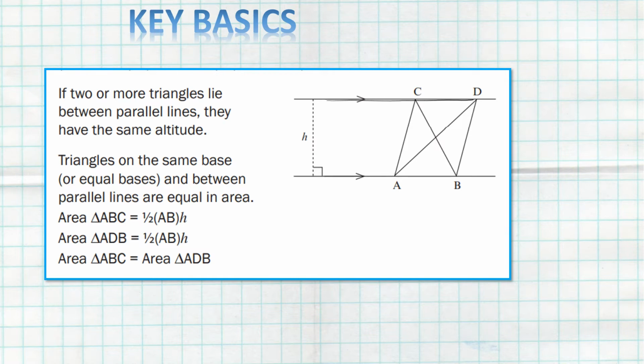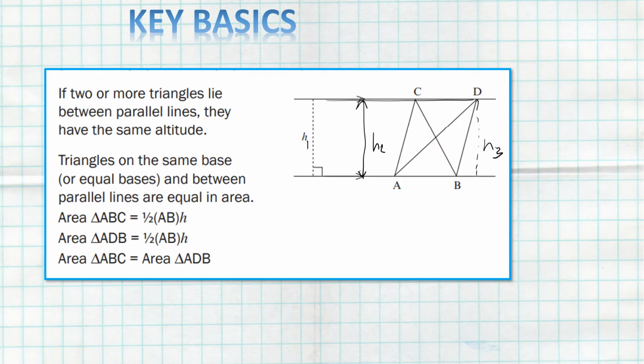So the height there, if I name this height 1, will be the same as height 2 there. Even if I sketch another height here, it's still the same, height 3. So throughout, in between parallel lines, the height is still the same. So we have the same altitude, the same height, right?